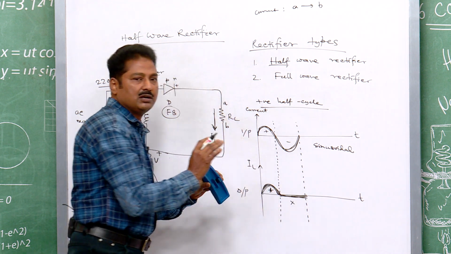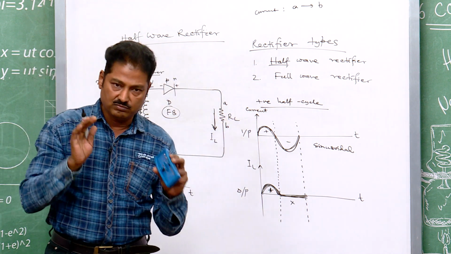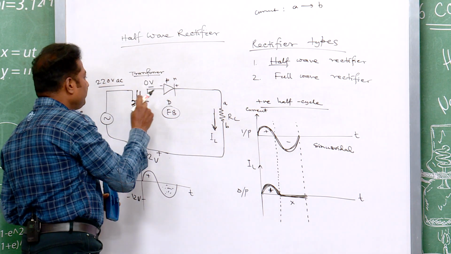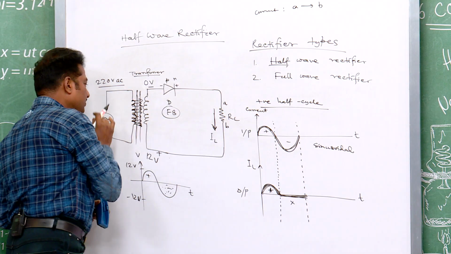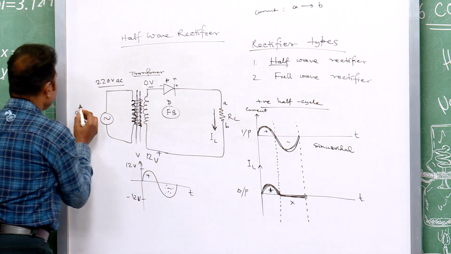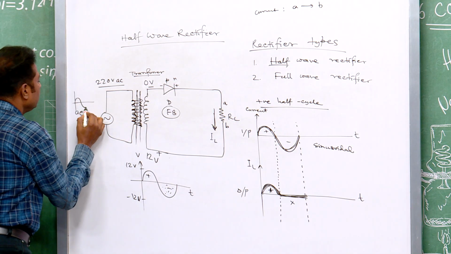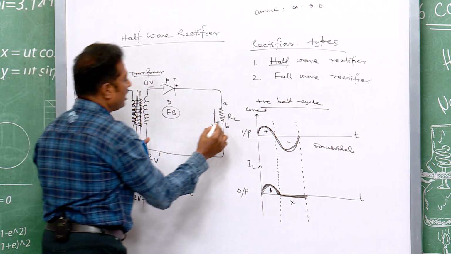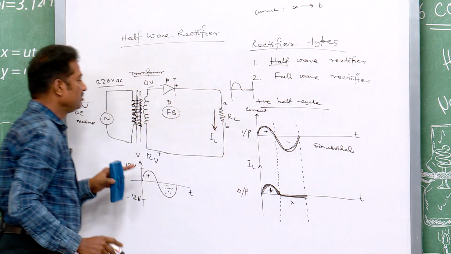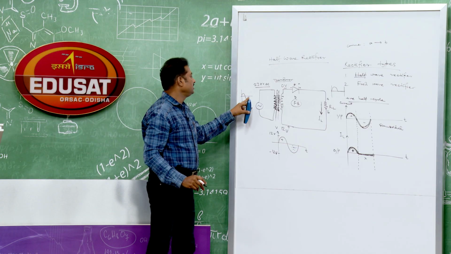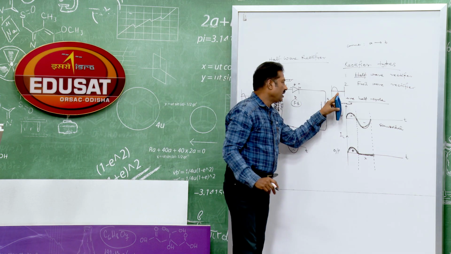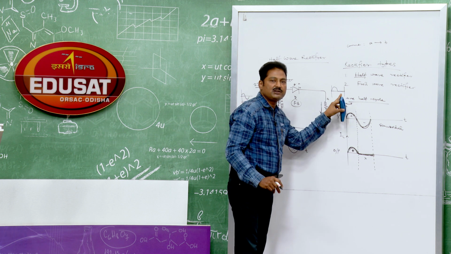So, so far you now conclude that your result, what is your result? You employ one diode, one transformer and one load resistor. Your input was this AC, your output was this one. So, you see the direction was changing, the magnitude was changing, but in output the direction is not changing.